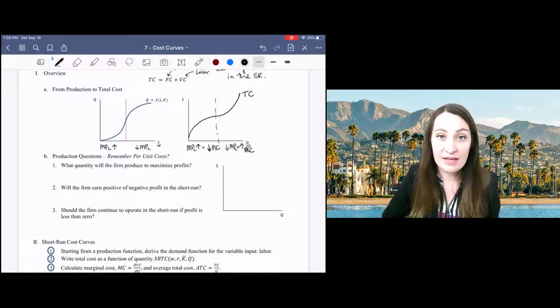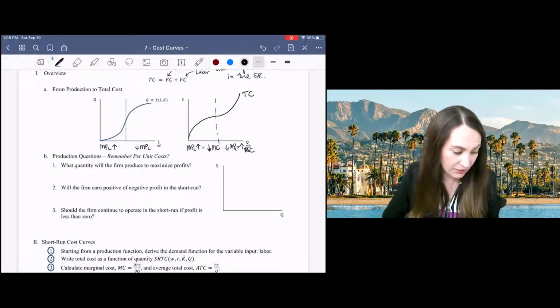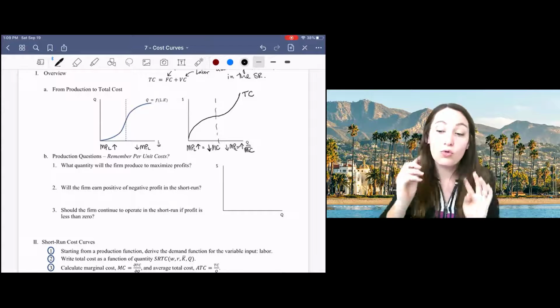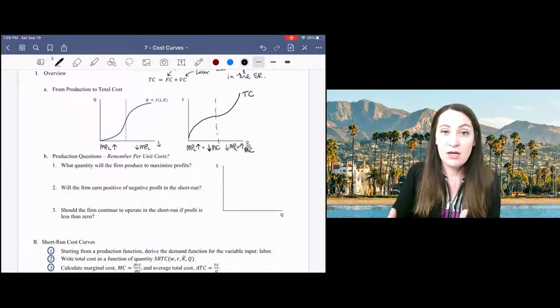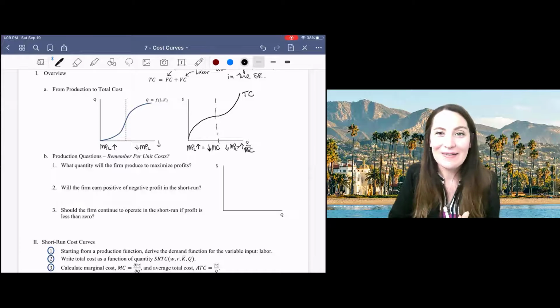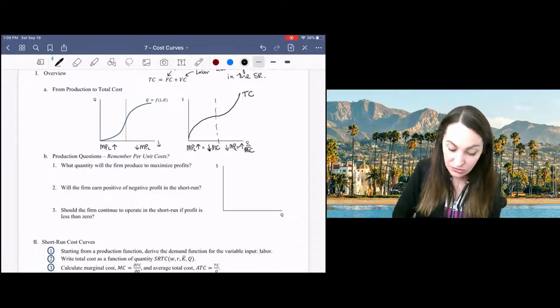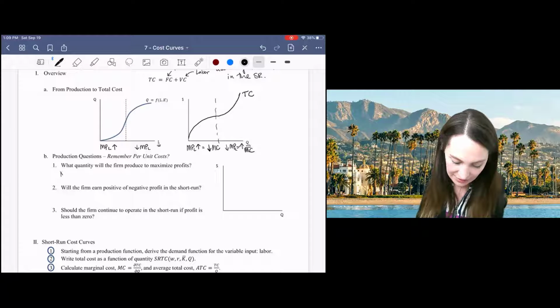I find it helpful to think about the questions that we're trying to answer using each of our cost concepts. So first, what quantity should the firm produce to maximize profit? Recall that profit is total revenue minus total cost. And we want to earn money. We want to produce as long as our revenues are greater than our costs. And at the margin, that means that we'll continue to produce as long as marginal revenue is greater than or equal to marginal cost.